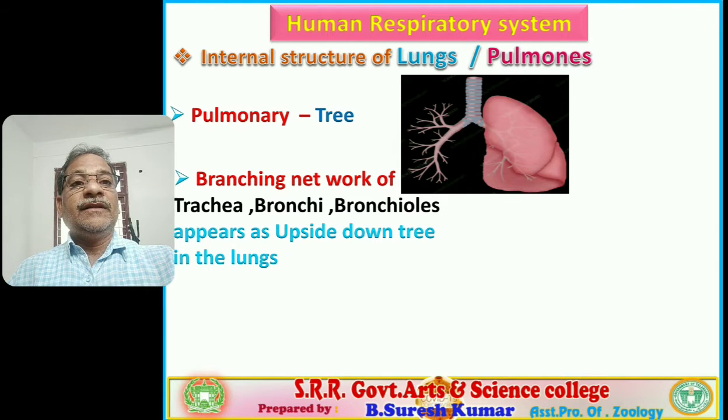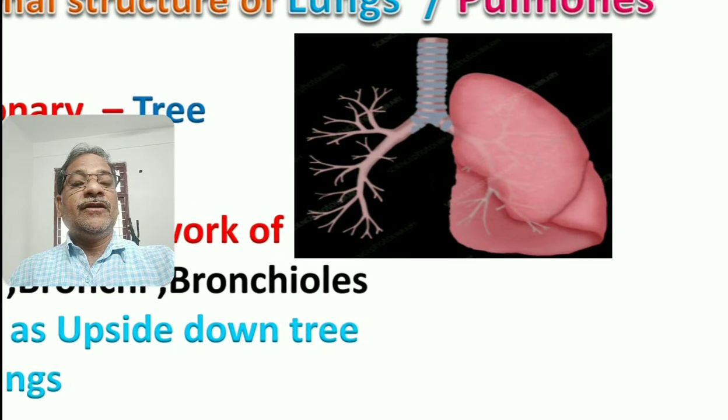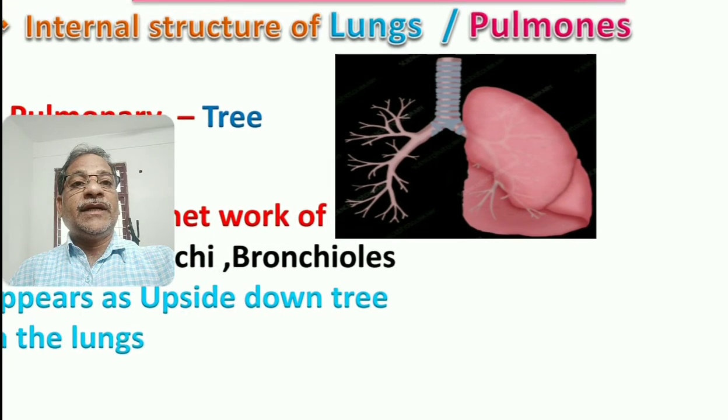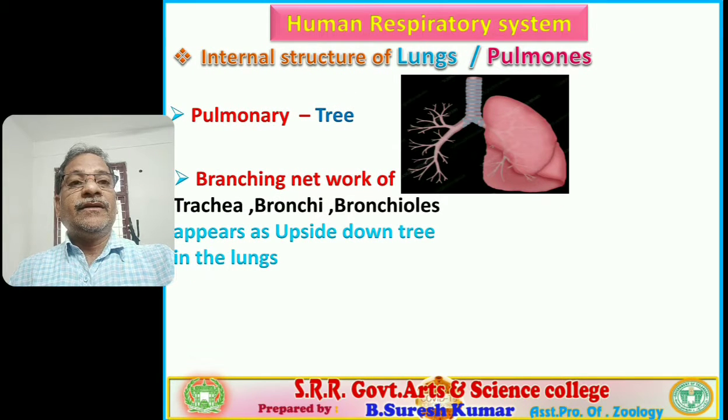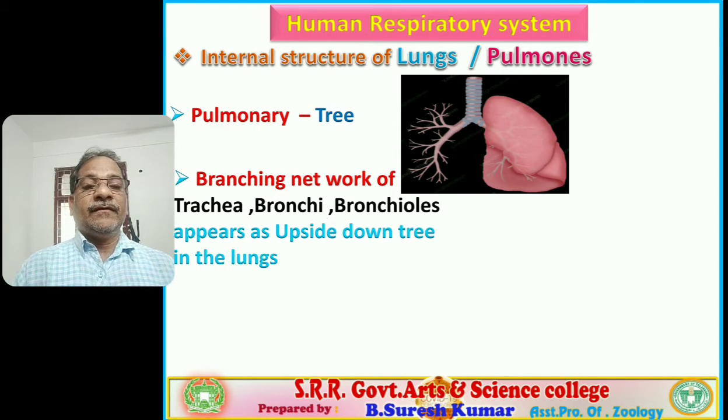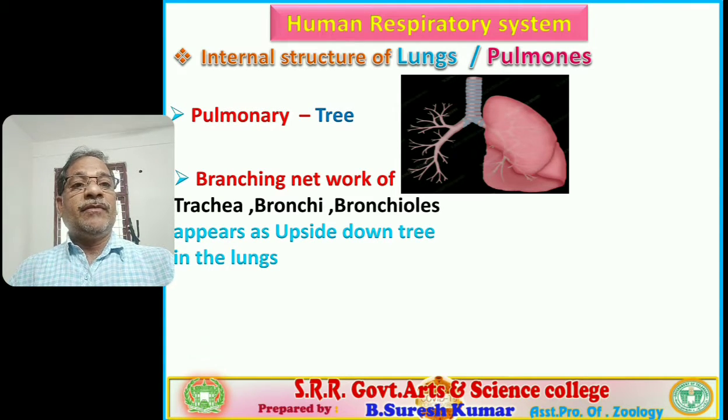You observe this visual. In this visual, if we rotate it upside down, we get an upright tree. So it is arranged as an upside down tree in the lung. It is called the pulmonary tree.